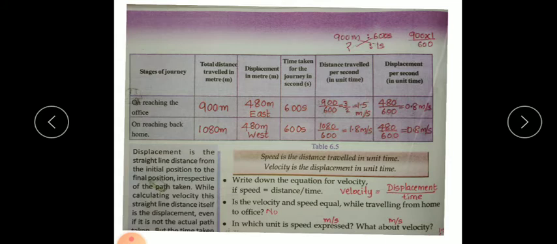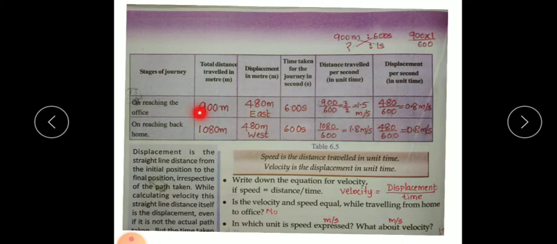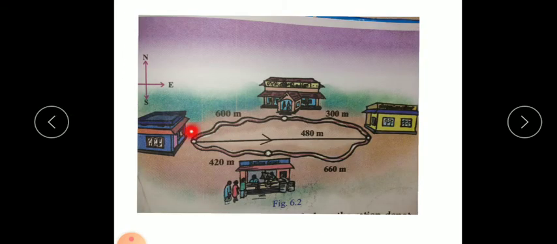So in the first box you have to write, on reaching the office, the total distance traveled in meter. On reaching the office he traveled a distance of 900 meter. So write here 900 meter. Then displacement in meter. So this is the initial point and this is the final point.